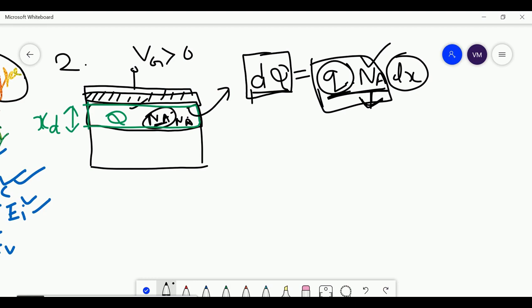Now, when I multiply this quantity with dx, that means the total charge due to Na ions in this much amount of depletion layer of size dx. This is what it means. So I'm starting with this quantity, which is qNa dx.